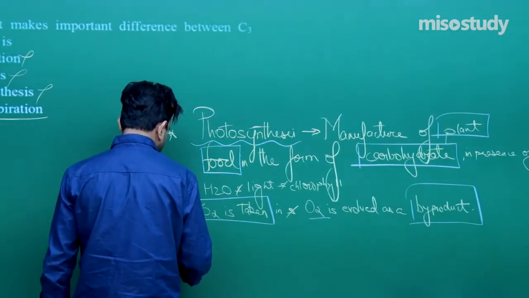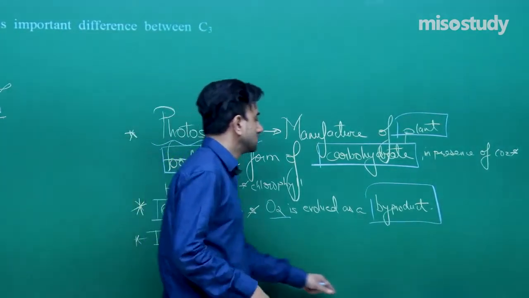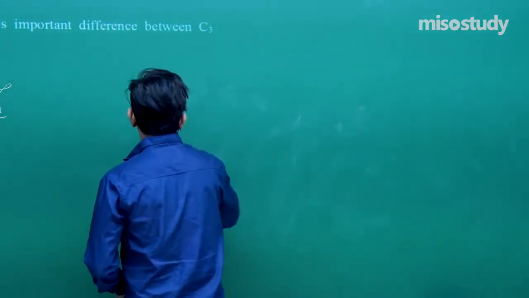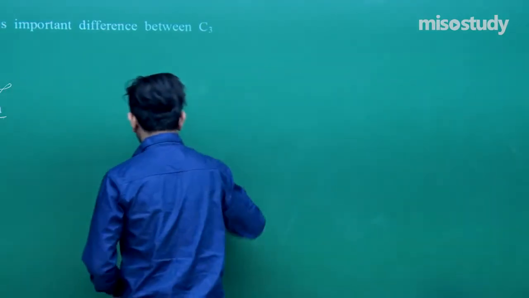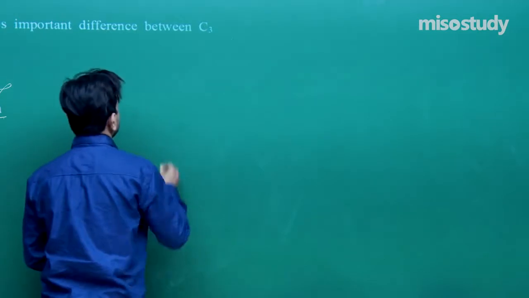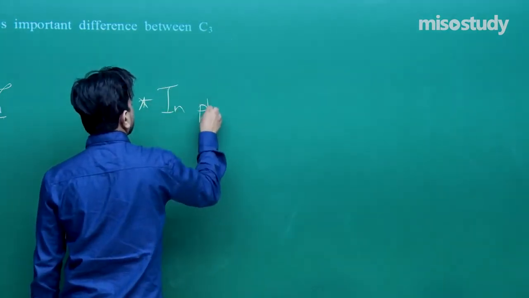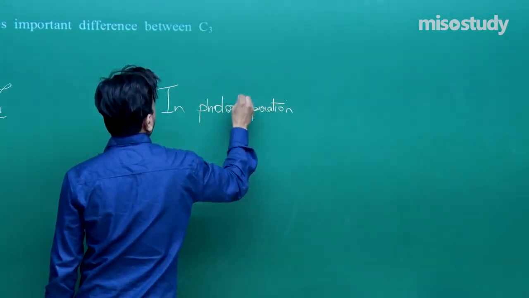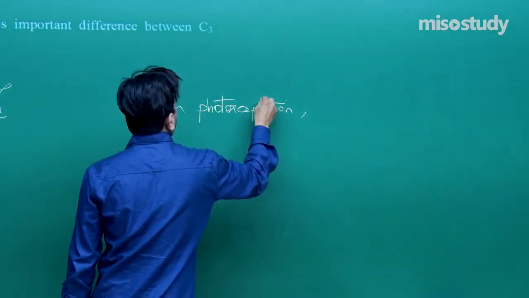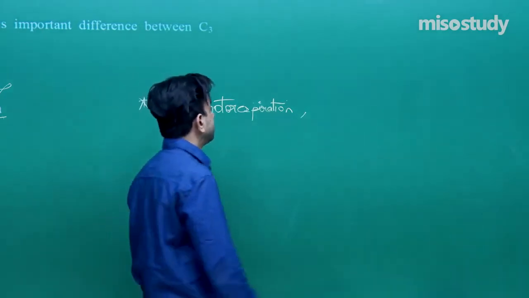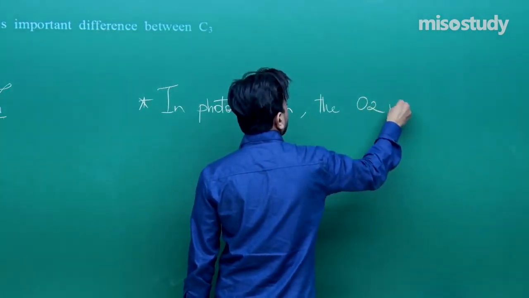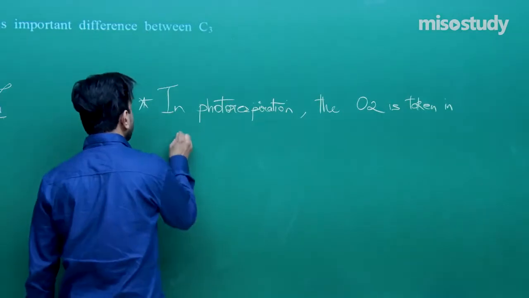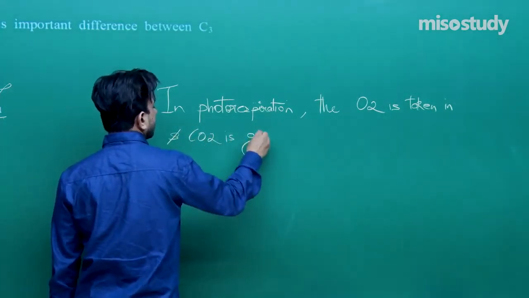So in photorespiration, the oxygen is taken in because the plants are respiring, and carbon dioxide is given out.